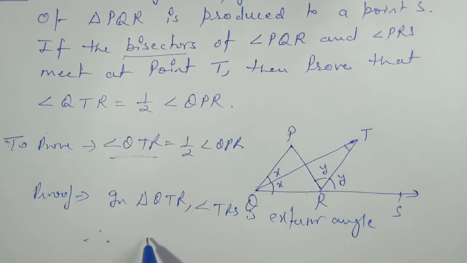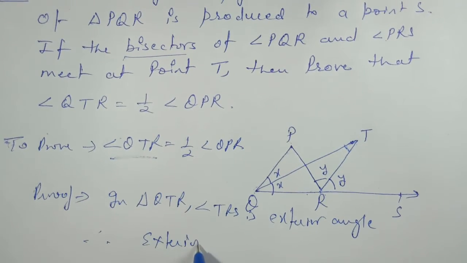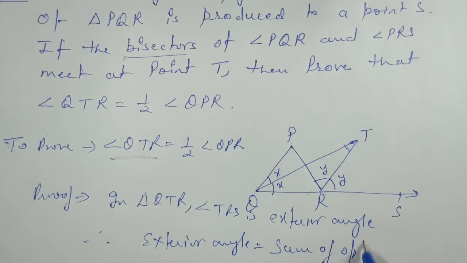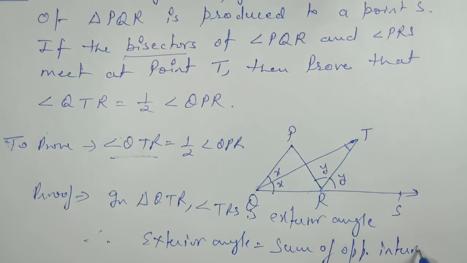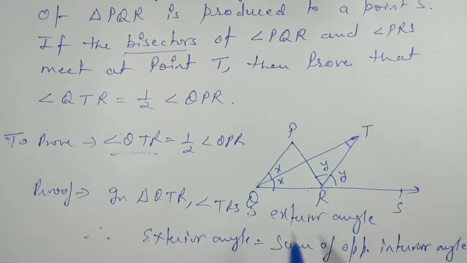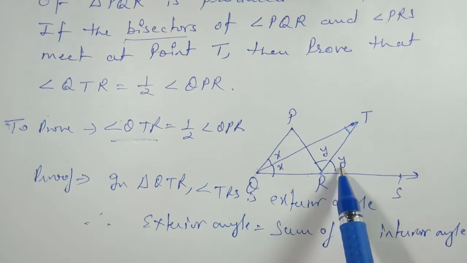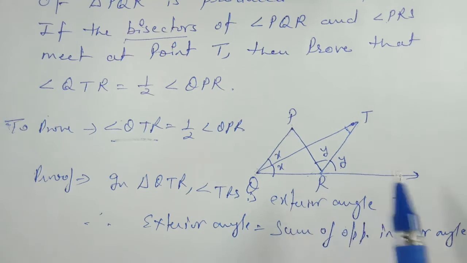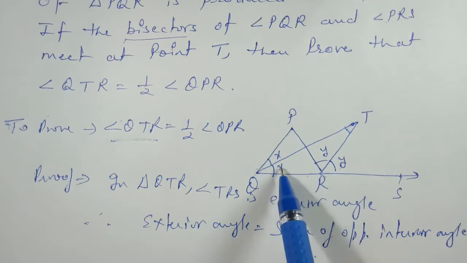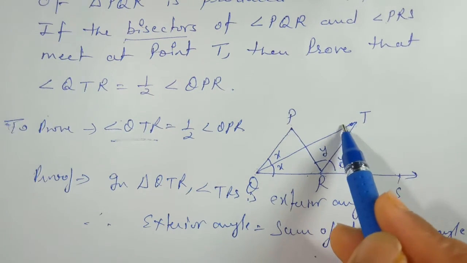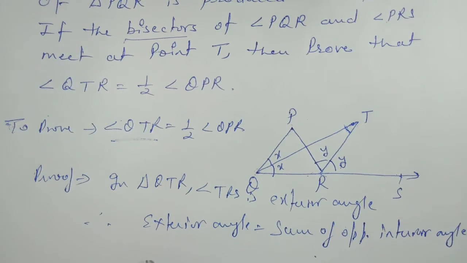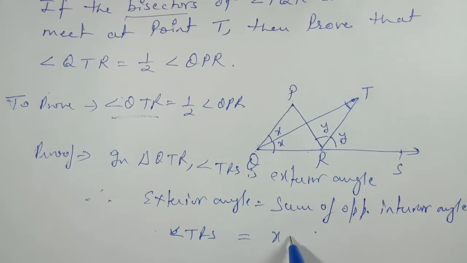Therefore, we know that the exterior angle is equal to the sum of opposite interior angles. Now, since TRS is the exterior angle, the angles opposite to it will be this X and T. So we can write Y, or angle TRS, is equal to X plus angle T.